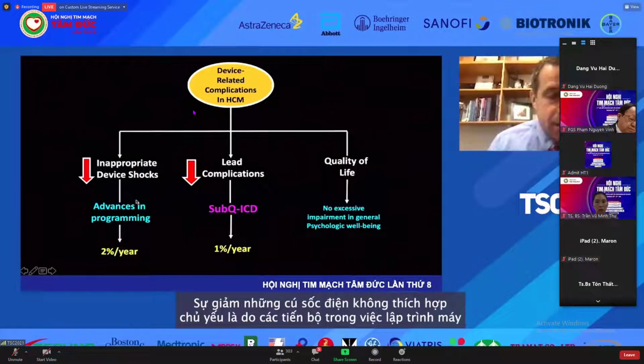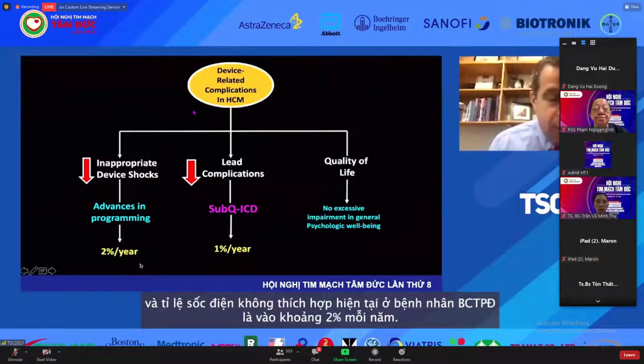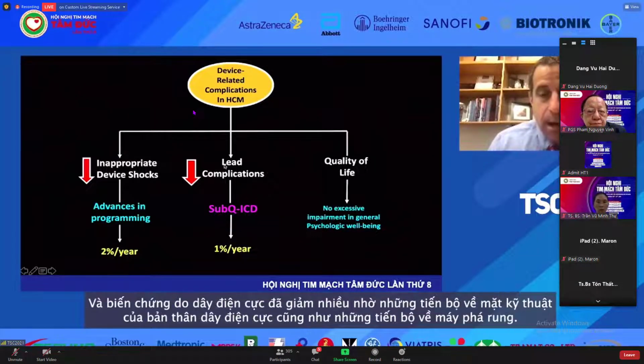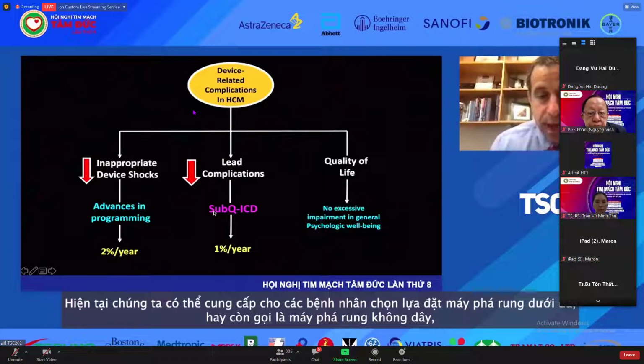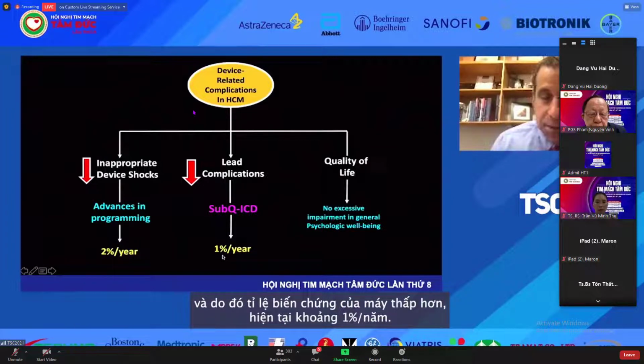Decrease in inappropriate device shocks related to largely advances in programming of these devices. And the current inappropriate shock rate for devices in HCM patients is about 2% per year. And lead complications have gone down based on advances in the technology of the leads themselves, but also advances in the devices. We're now able to provide patients the option of sub-Q ICD, so-called leadless devices. And therefore, the device complication rates are lower now.